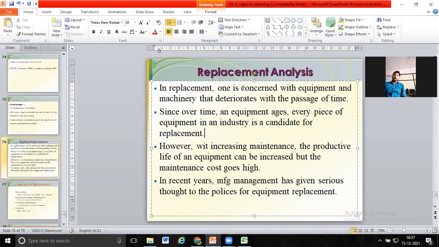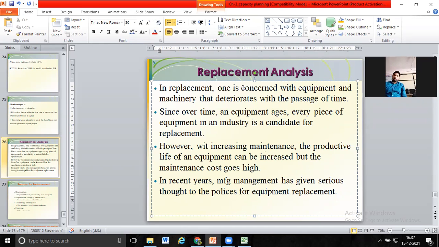So in that case the cost of maintenance will go on increasing, and it will be overhead compared to the machine cost. So at that particular time period, we have to replace the machine with the new machine.